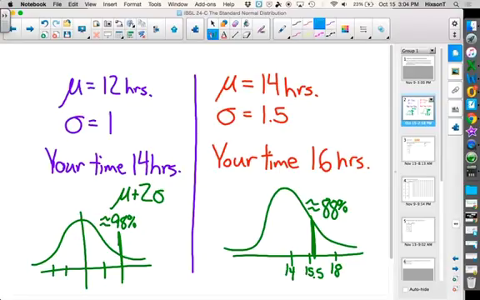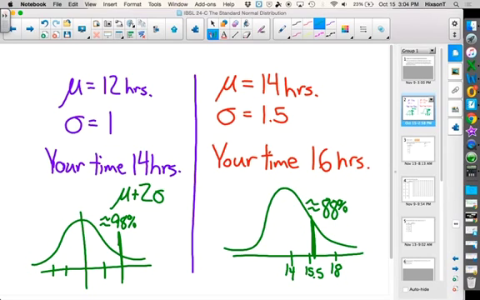What we just did is, rather than look at it just in terms of the number of hours, this allows us to take into account the fact that there was another variable at play here. The weather impacted the entire race, and it impacted everybody.